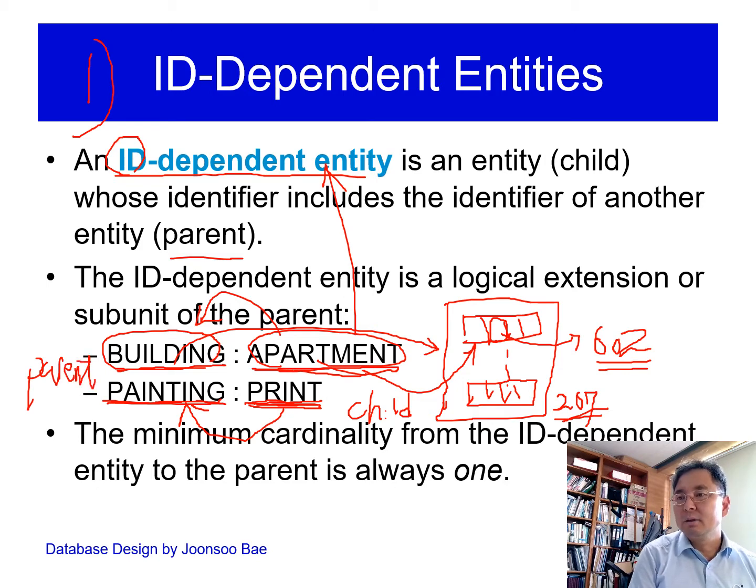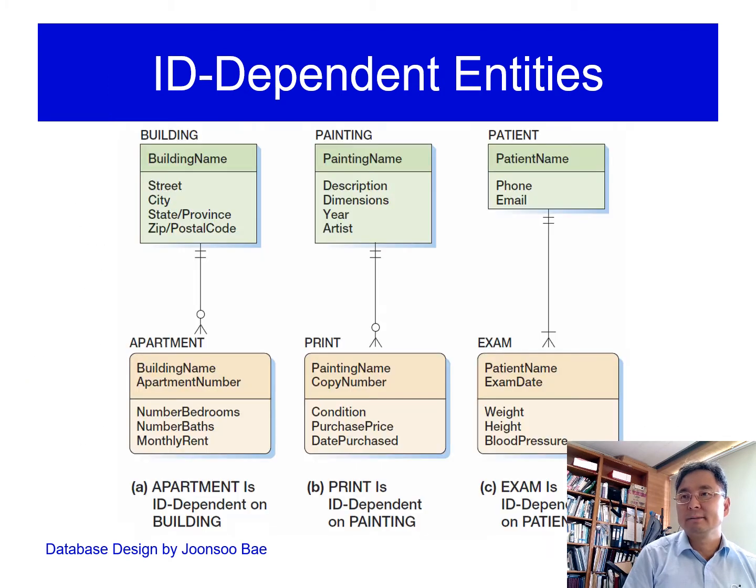The minimum cardinality from the ID dependent entity to the parent is always 1. Always 1. That means that the parent always exists. Now we can see the examples of these ID dependent entities. Building and apartment.